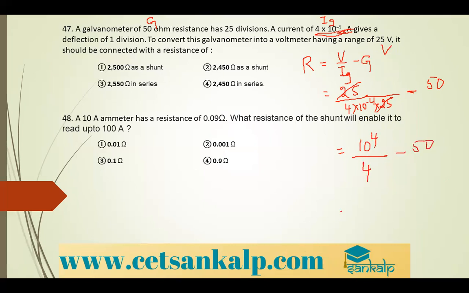So 4 ones are 2500, so 2500 minus 50 is 2450.